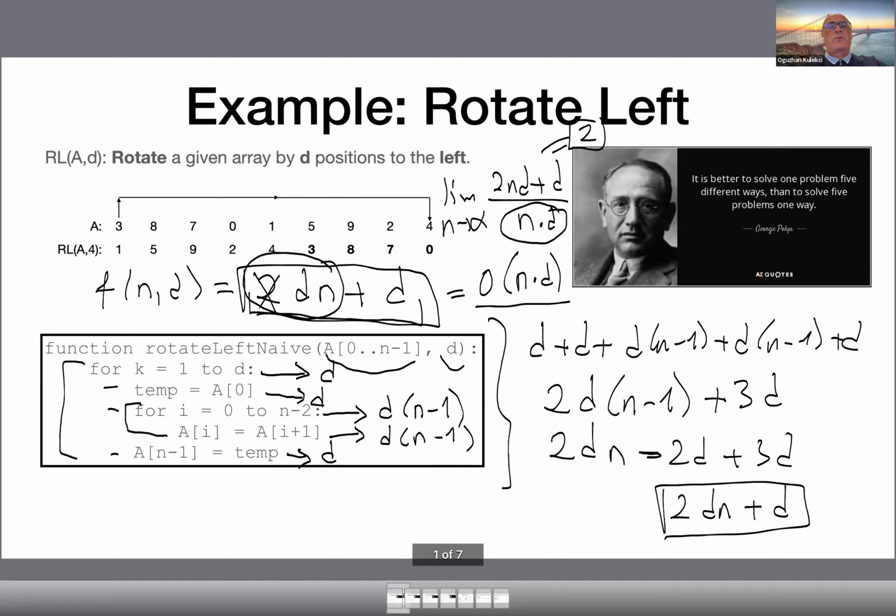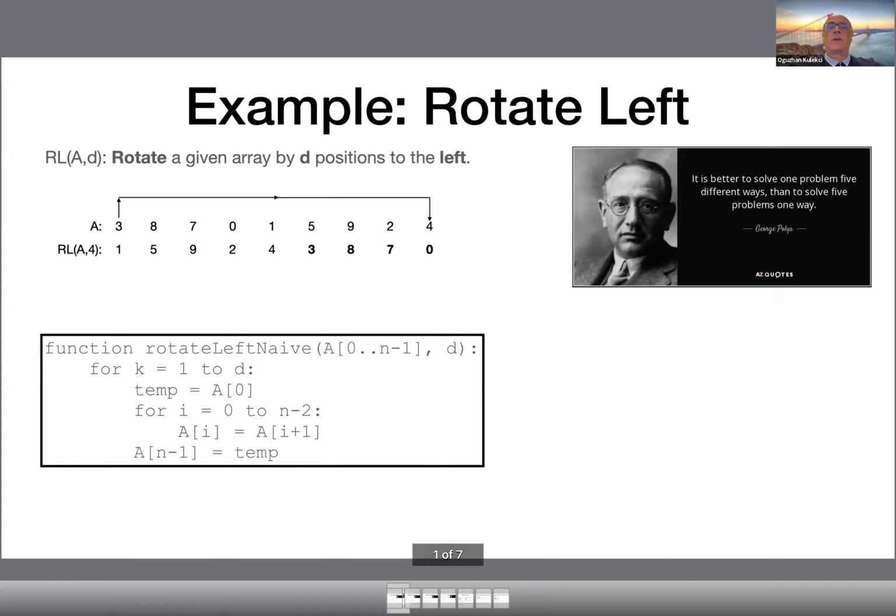I am trying to do it in every detail so that we understand it well. So now I have decided that the time complexity of this approach is big O of n times d. It is upper bounded by n times d. I would like to draw your attention to one point. I know that d is always less than or equal to n.